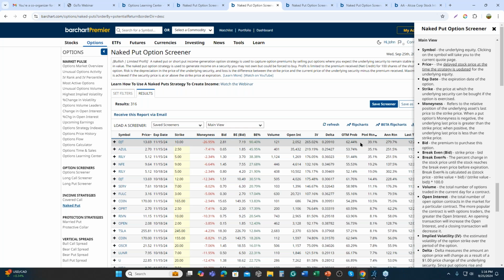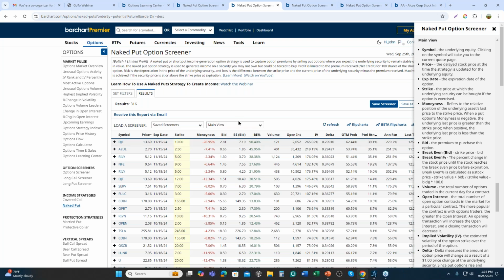This is just the bid divided by the strike minus the bid, our break even, and it's in a percentage value. And then we have annual return. This is where we take the potential return and analyze it over 365 days. Now, we're not going to hold an option for 365 days because with this strategy, we're going to have an expiration probably within 60 days. But it's a measuring stick for comparison when we do our analysis.